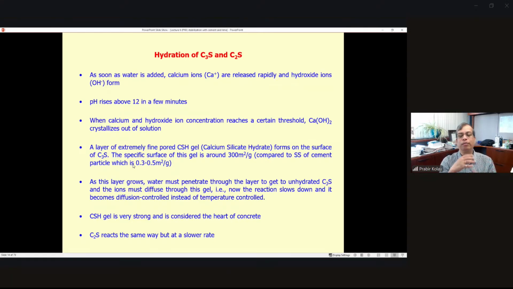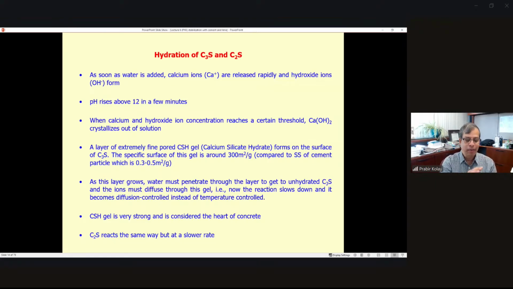As I mentioned, the more surface area, the more reaction. As this layer grows, water must penetrate through the layer to get to the unhydrated tricalcium silicate and must diffuse through the gel. Calcium silicate gel is very strong and considered the heart of the concrete, as I mentioned. And C2S, dicalcium silicate, reacts the same way, but at a slower rate.